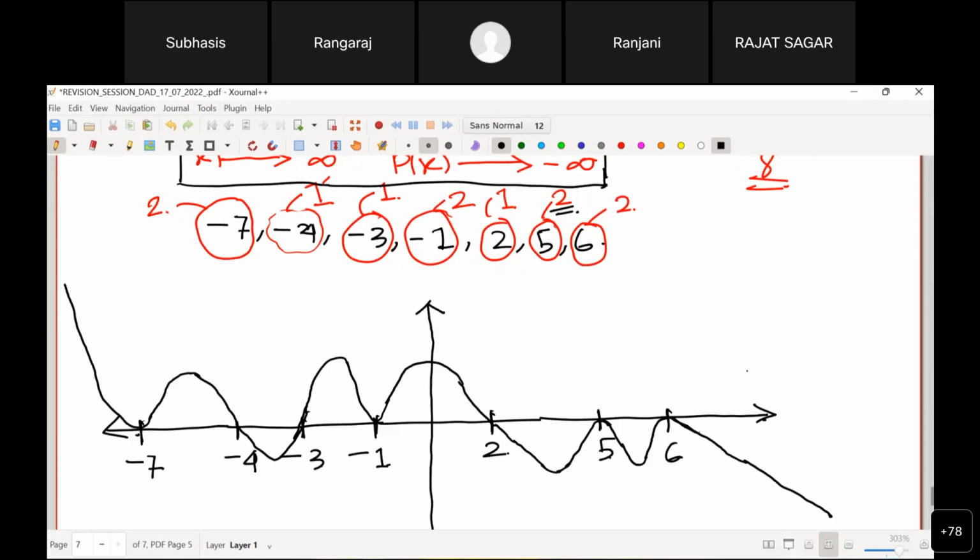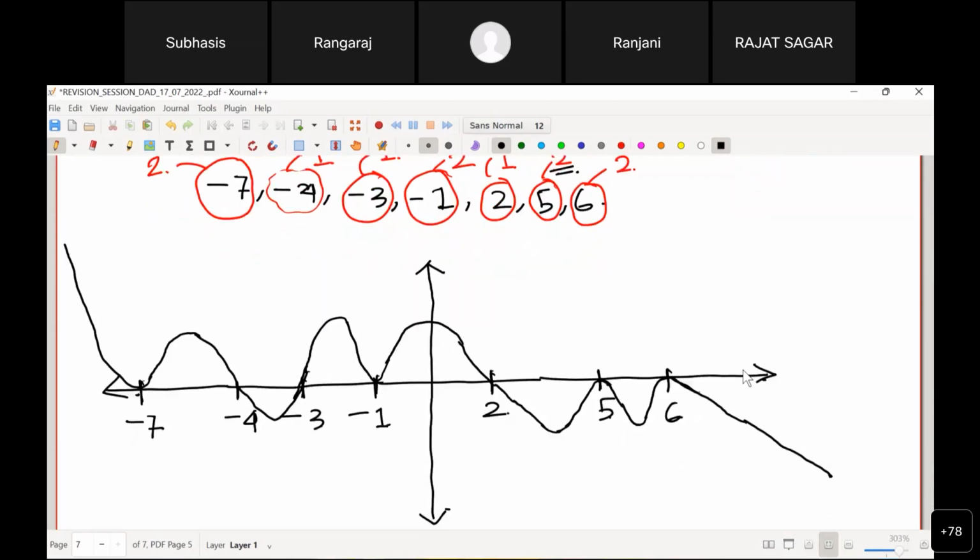Okay, since now we have the graph, from here we can compute the turning points. So this is one turning point, this is second, third, fourth, 5, 6, 7, 8, 9, 10.